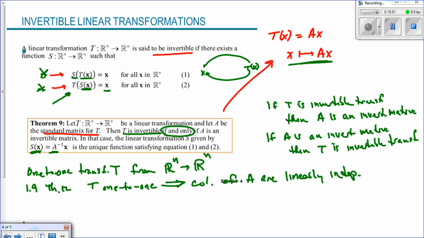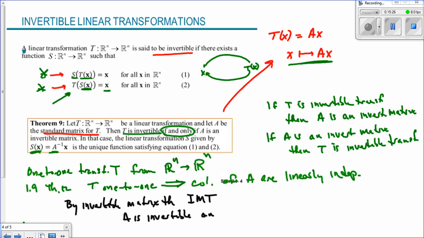Okay, so we have then that by the invertible matrix theorem, and sometimes you'll see that just written as IMT, we have that A is invertible, since we knew that the columns of A were linearly independent.